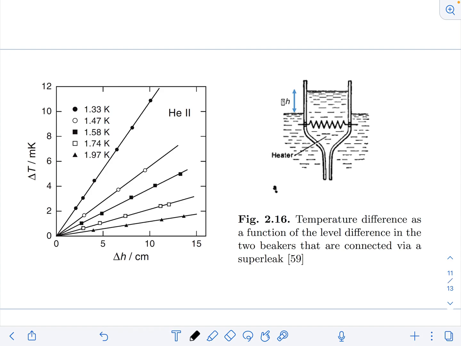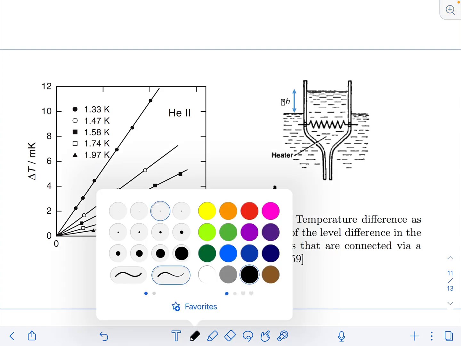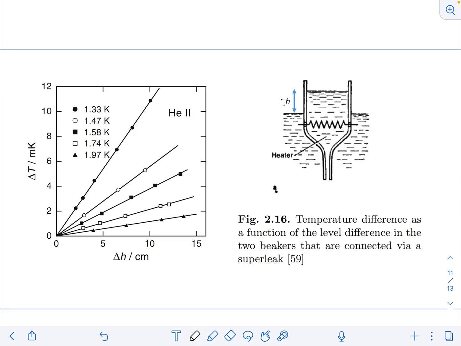The superfluid flows in the direction of the temperature gradient, and so it tends to fill up this beaker, which causes a delta H to develop, which corresponds to this pressure difference, until an equilibrium is established.